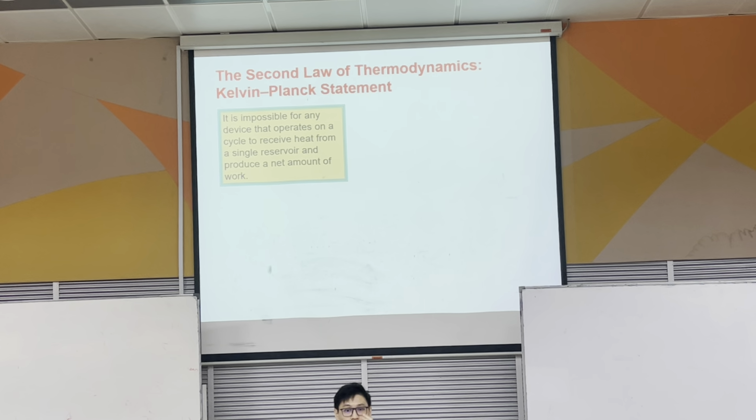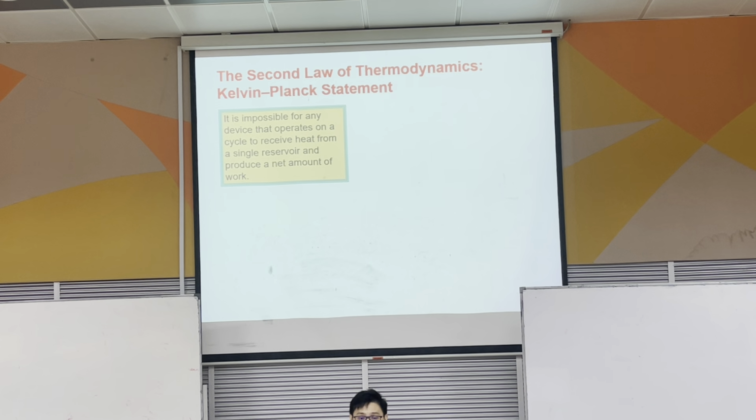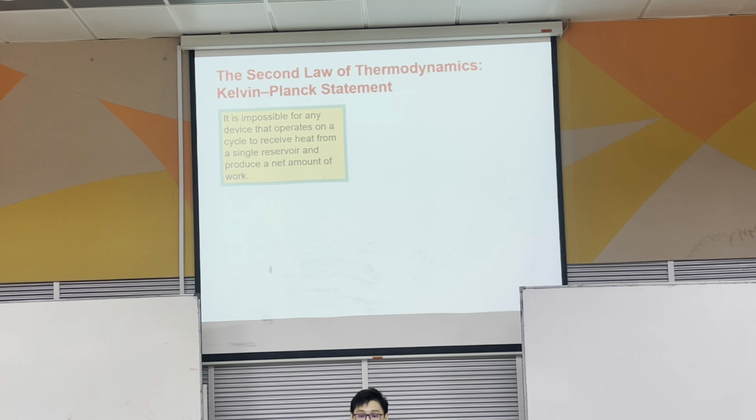Alright, so just now I mentioned the second law, we have two statements that define it. These two statements are very logical. Here is the law definition: it is impossible for any device that operates on a cycle to receive heat from a single reservoir and produce a net amount of work.